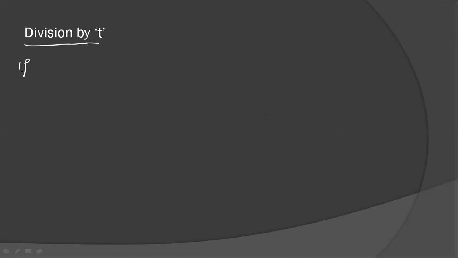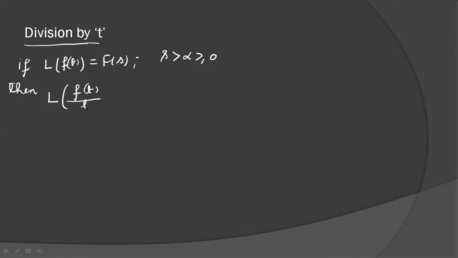If Laplace of f(t) is capital F(s), s is greater than alpha, alpha is greater than 0, then Laplace of f(t) over t, if you divide by t the entire function, is nothing else, it's the integration from s to infinity of F(s) ds. In the previous property you have to differentiate F(s), but here you have to integrate F(s), and the important thing is the limit s to infinity.